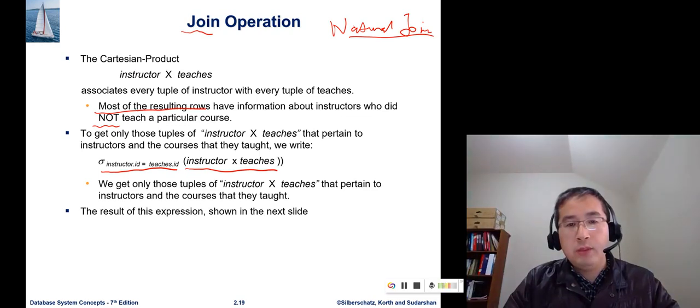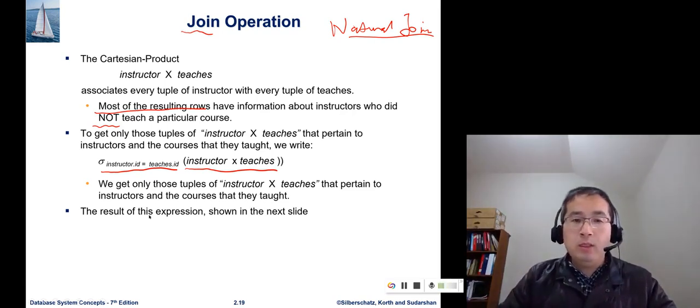So we get only those tuples that pertain to instructors and the courses that they taught. Only for the instructors who did teach those courses do we keep the records. Otherwise, we throw them away because they are not meaningful. So the result will be much more concise.